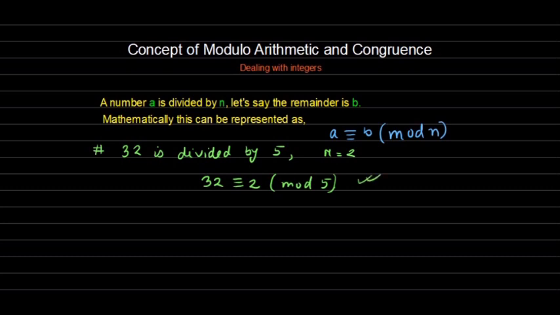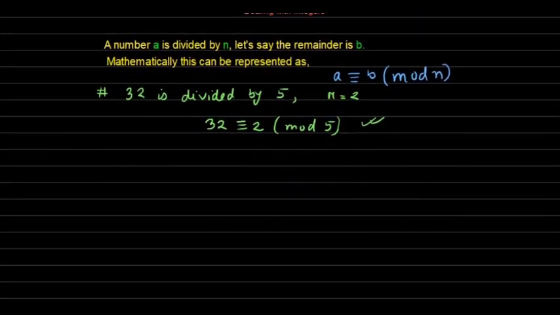So by a similar concept, we can generalize this. First of all, observe this. When 32 is divided by 5, 2 is the remainder. That means when we subtract 2 from 32, we get 30, and 30 is perfectly divisible by 5.